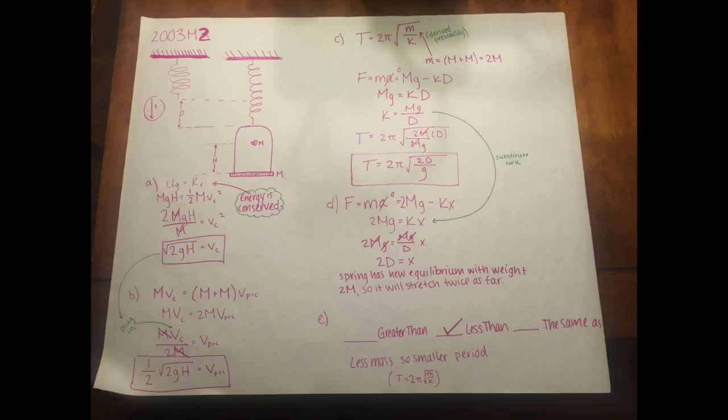So basically we have mv initial equals mv final, but since the final mass of the situation is both the mass of the pan and of the clay, it would be 2m.